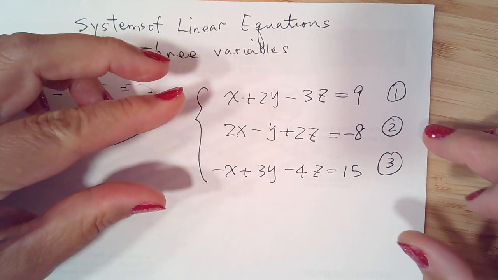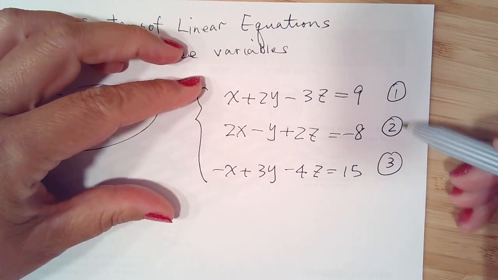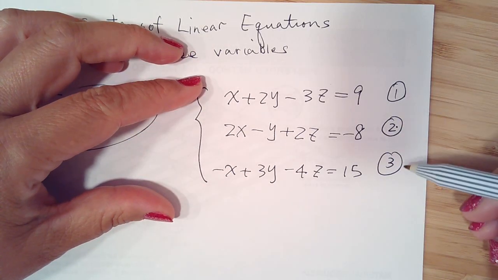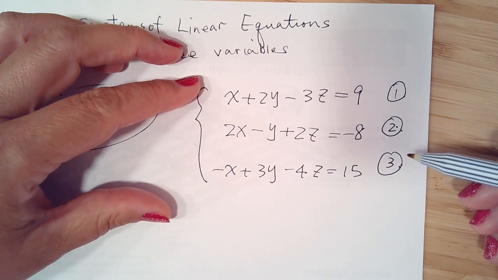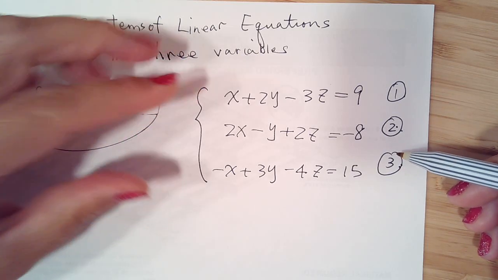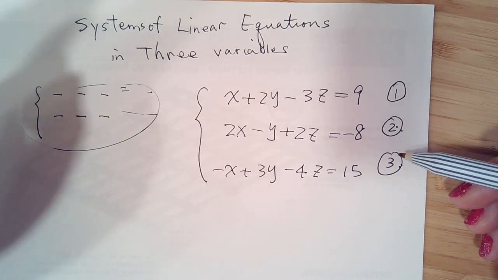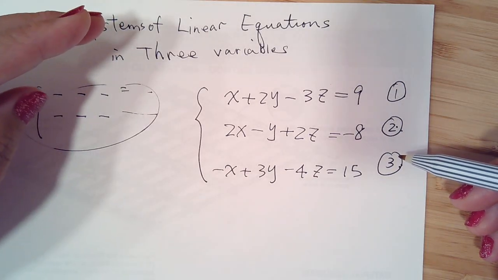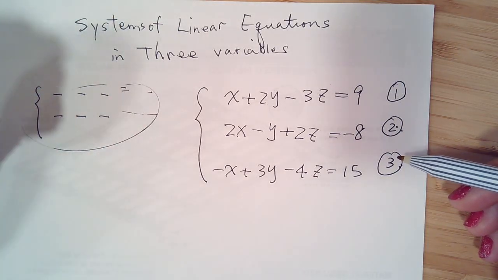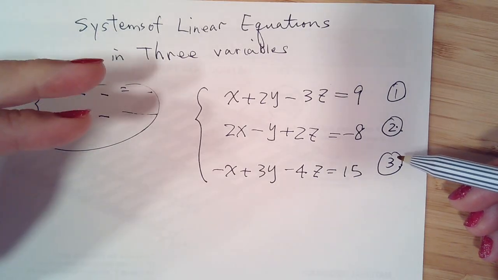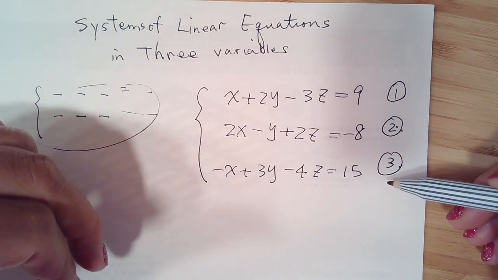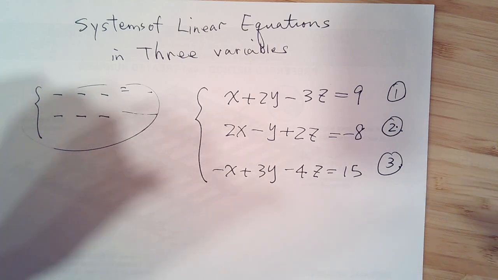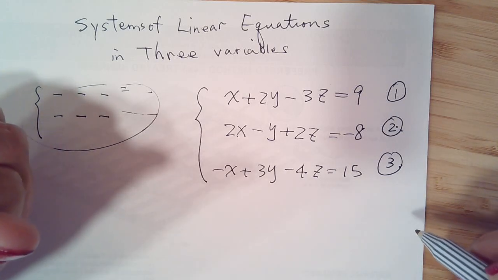We can put them in three pairs, 1 with 2, 1 with 3, or 2 with 3. What I would ask you is this: pick 2 pairs out of these 3. It cannot be repeated, and you don't need to pick all of them. So pick 2 pairs from these 3 equations and eliminate the same variable.